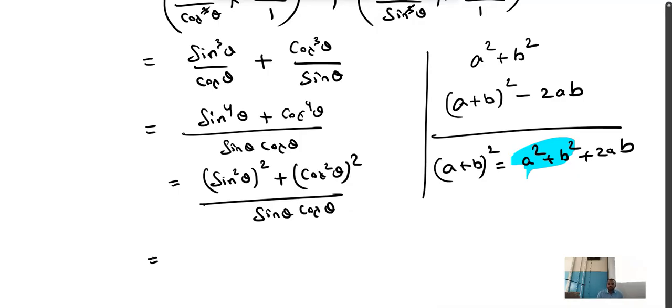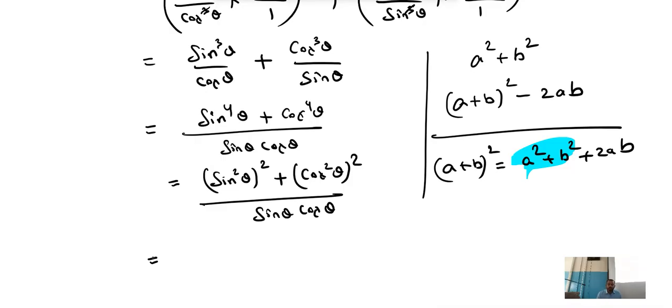Now a means sin square theta. Correct? Okay. Now it's in the form of a square plus b square.